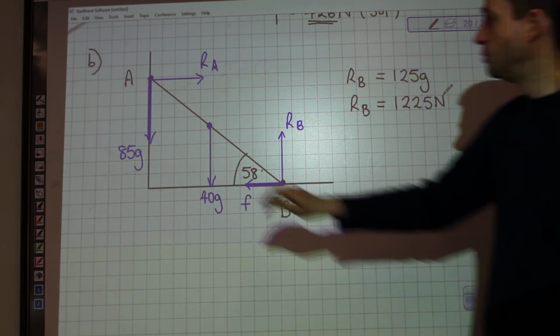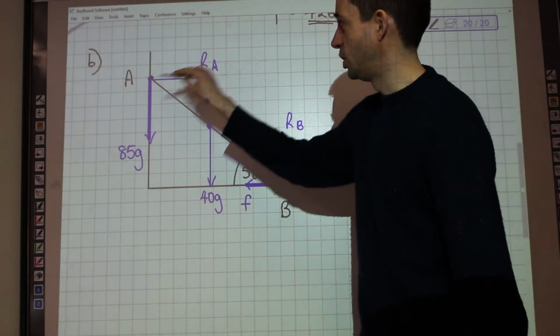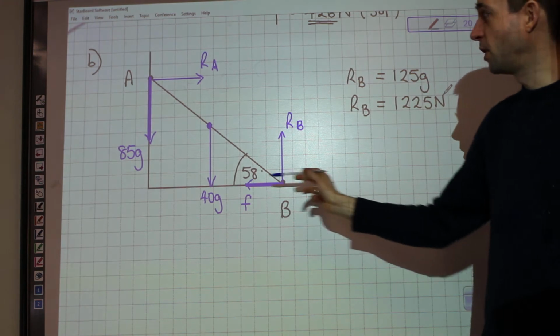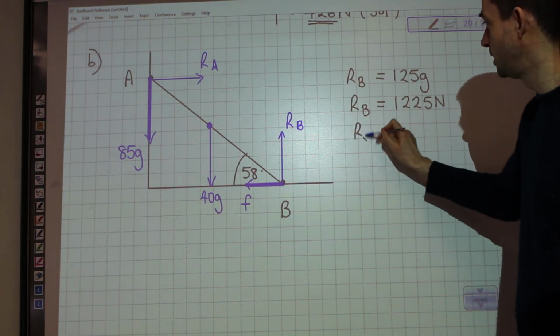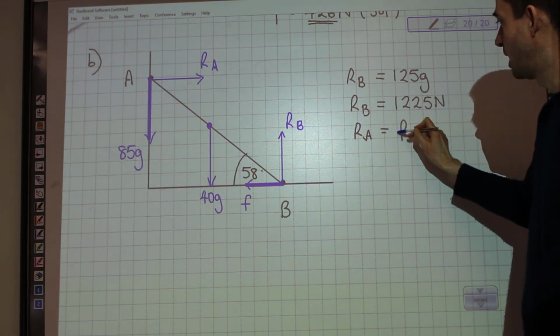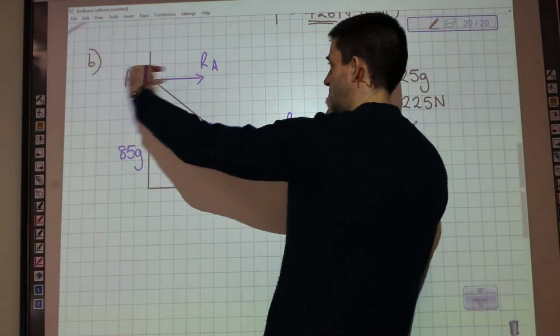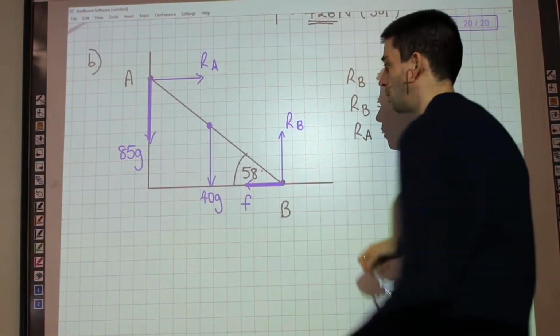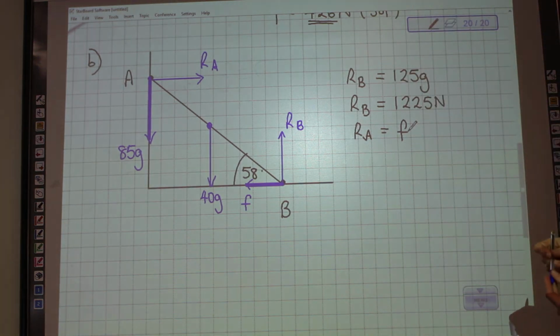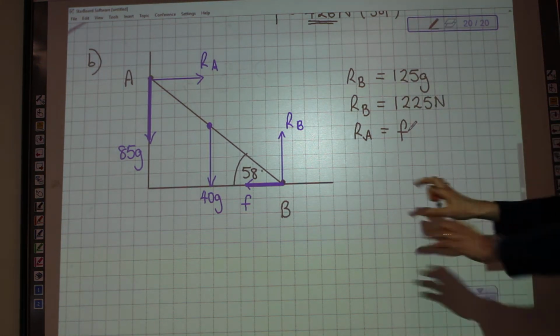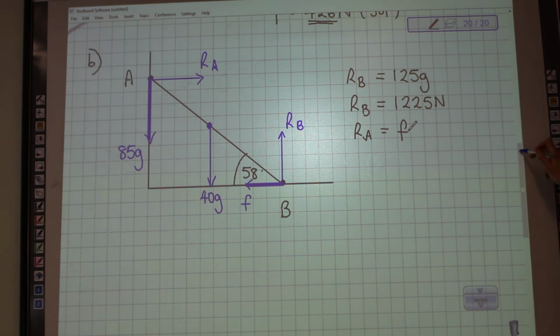However, the reaction force at A has changed, which means the amount of friction must have changed, because it is still the case that the reaction at A is equal to friction, because they are the only two forces acting horizontally. So park that there for a moment because I need a big long line now from a moments equation.